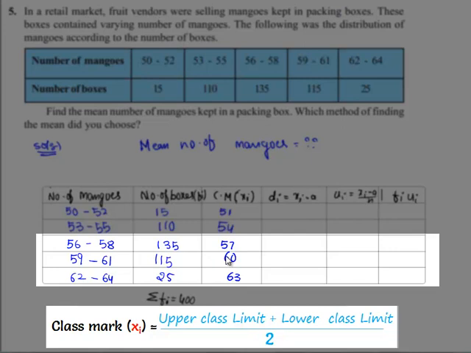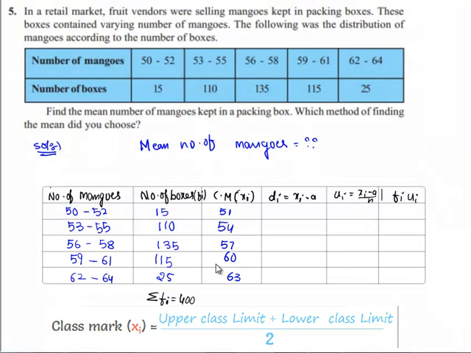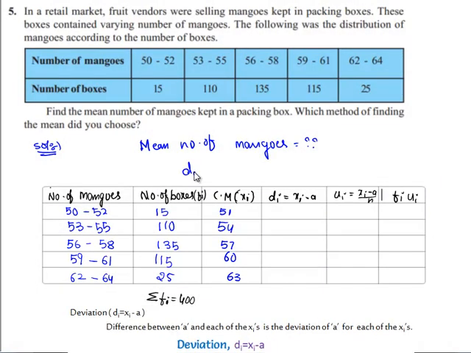As we have taken the step deviation method, the deviation di is the class mark minus a, where a is the assumed mean. Here we shall consider 57 as the assumed mean.